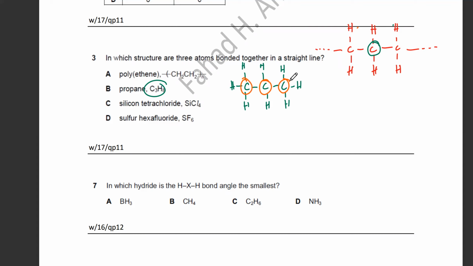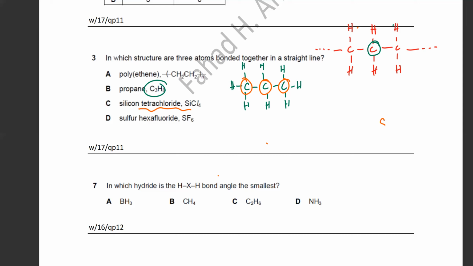This carbon is making 4 bonds, so the actual shape of the molecule would be something like this. One carbon atom attached to the other carbon atom, which would also be tetrahedral, and then attached to a third carbon atom. So all of them are going to be tetrahedral, 109.5 degree angles.